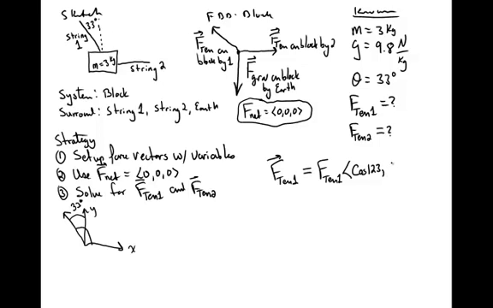Then for the y component, it's going to be cosine of this angle with respect to the y-axis, 33. And then the z-axis, if the z-axis is pointing straight out, that is a 90-degree angle. So that's going to be cosine of 90, which we know is also 0. So F10(2).